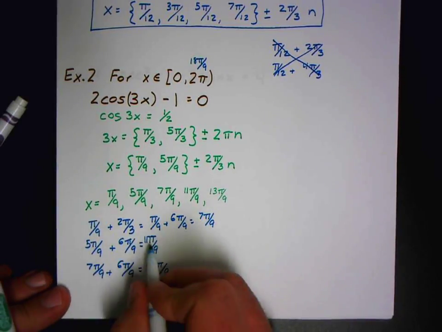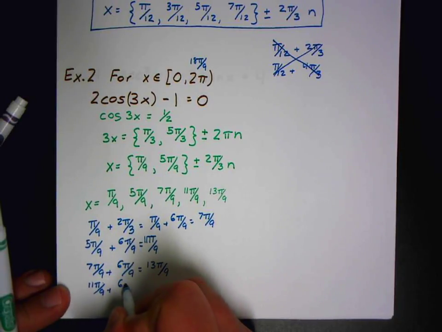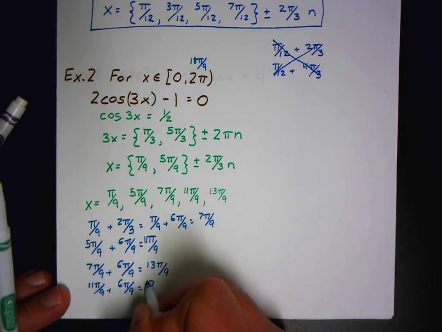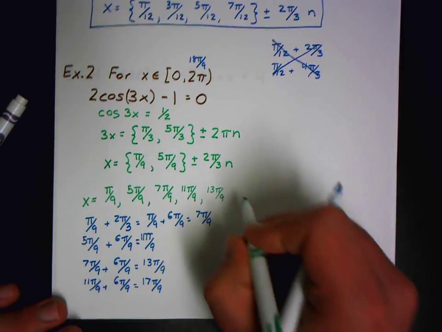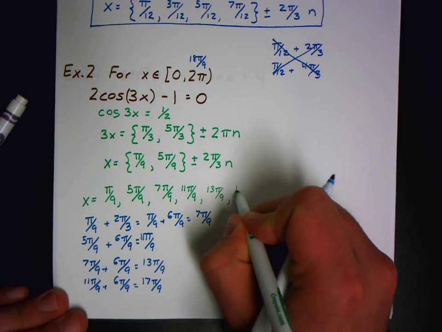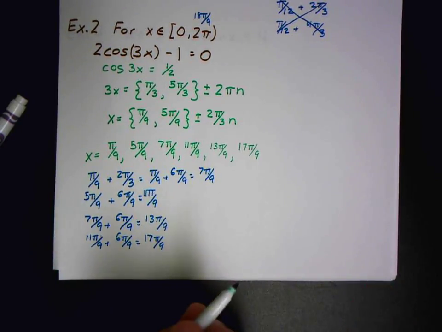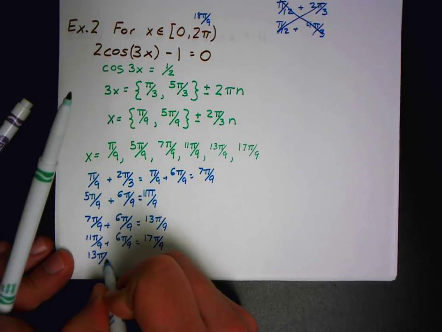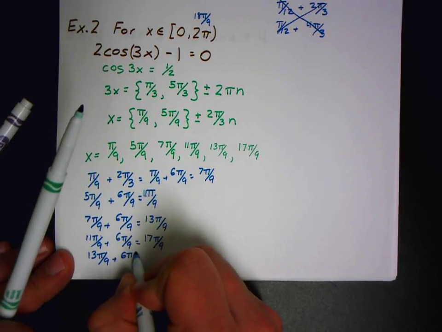And then let's see, 11 pi over 9 plus 6 pi over 9 is 17 pi over 9. That's yet another solution. Okay, if I take the 13 pi over 9 though, and add on 6 pi over 9, that gets me too big.